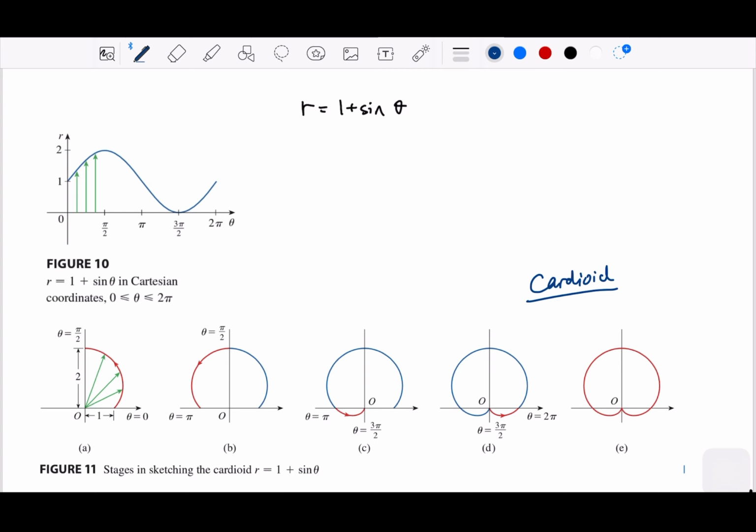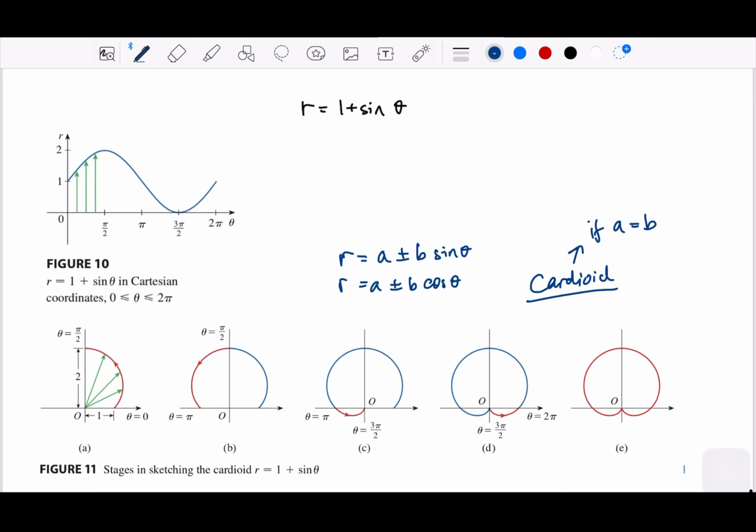So we will have a pattern. Okay. Of course, if A is not equal to B, maybe let me write here. So r can be A plus or minus B sine theta, or r = A plus or minus B cosine theta. Cardioid is if A equals B.